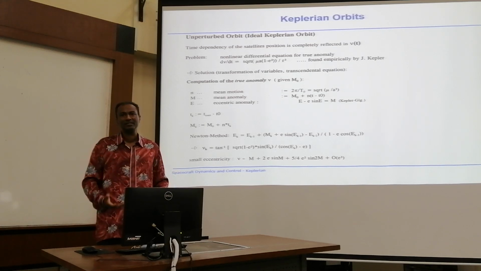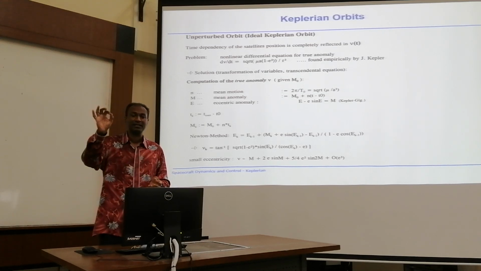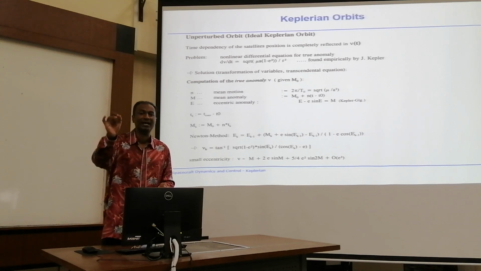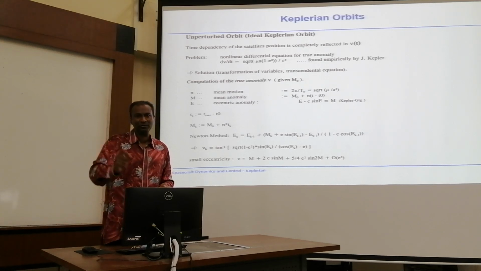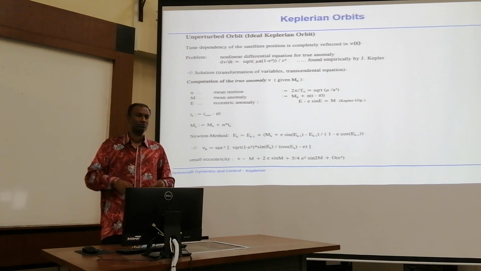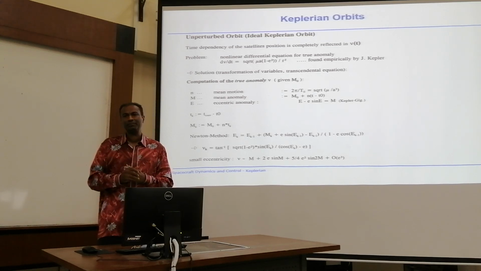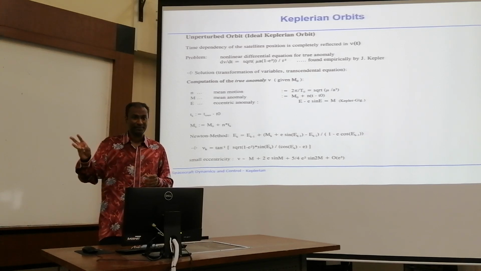When the mean anomaly is estimated, then in a particular orbit the time can be determined. When the time is determined, it is done, because the total period of the particular orbit is given by the third law of Kepler.